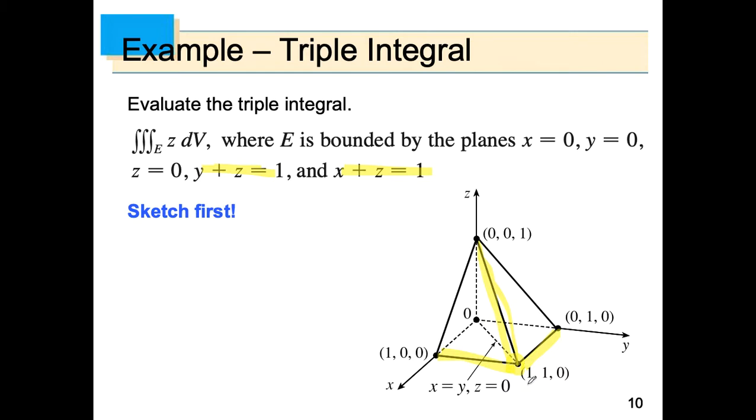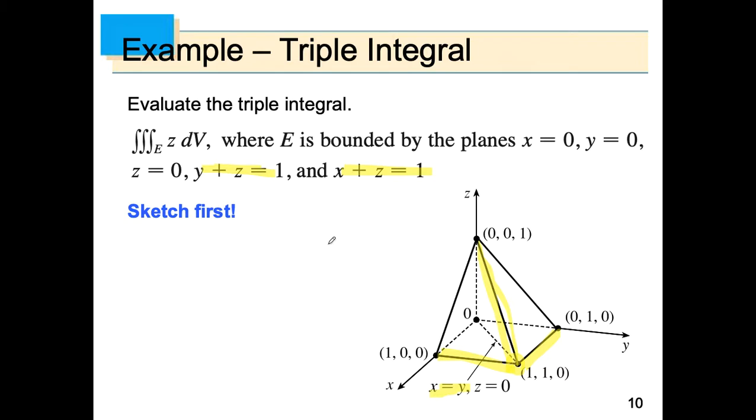And to sketch that, it just takes a little bit of intuition, a little bit of patience. So again, if you solve for z here, solve for z here, and then set them equal to each other, that's going to help you find those intersections. In fact, if you set z equal to each other in both of these, you will get that line. More specifically, you end up getting this line down here, which gives you this diagonal.